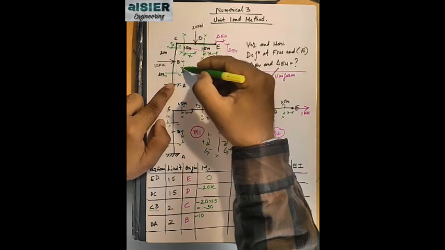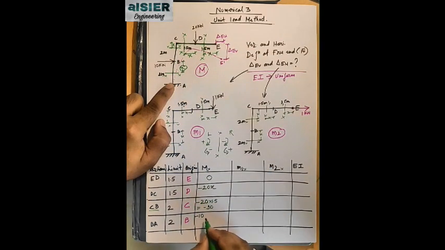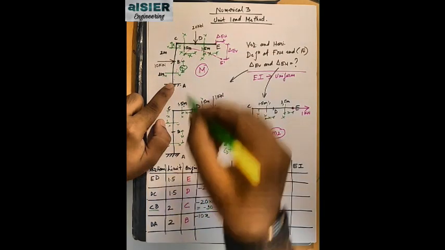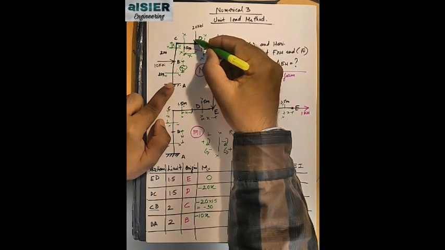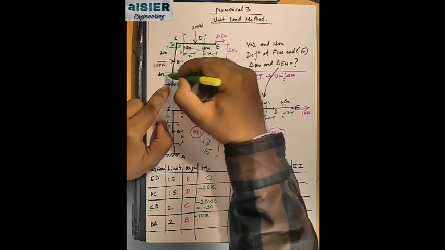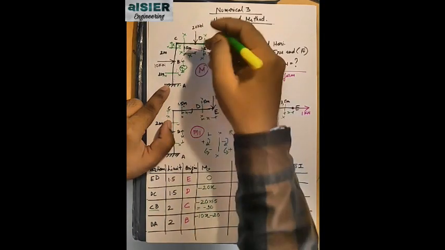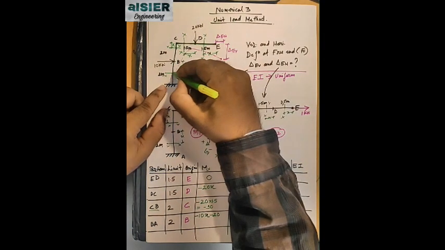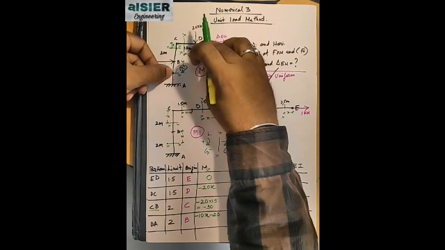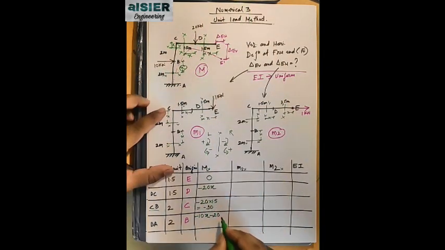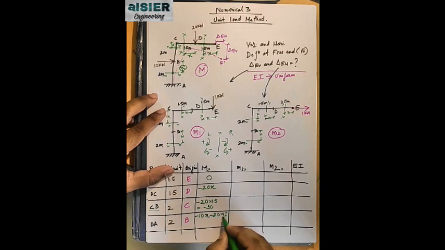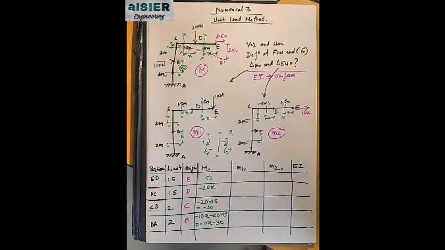It is x, right? So 10x. Now this 20 kilonewton is also rotating clockwise about this section. So minus 20. And what is the distance from this point? From this point to this point it is again 1.5 meters. So multiplied by 1.5. So we will get here minus 10x minus 30.